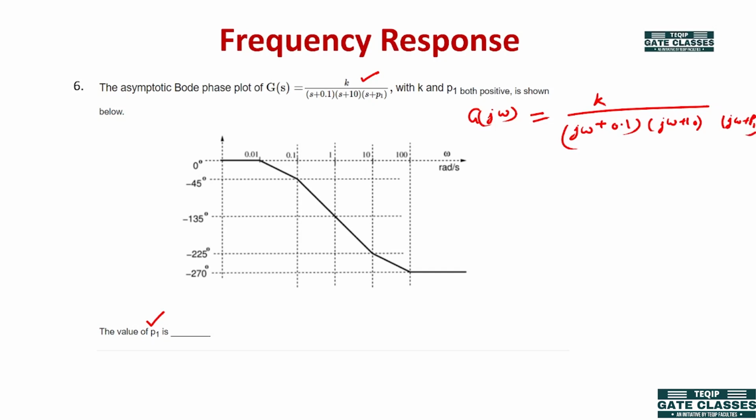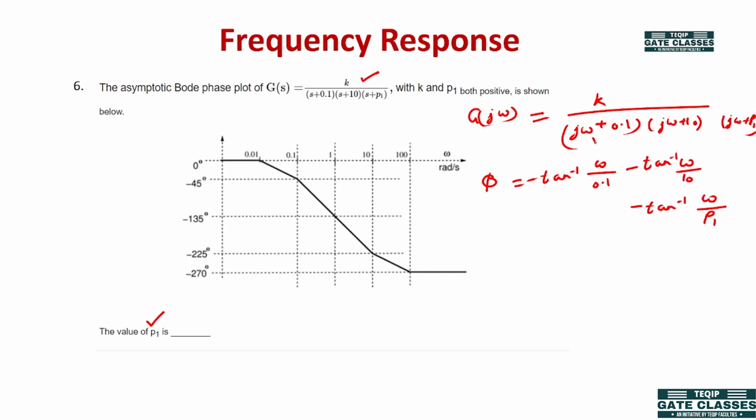Okay, so here phi is equal to minus tan inverse omega upon 0.1, minus tan inverse omega upon 10, minus tan inverse omega upon p1.